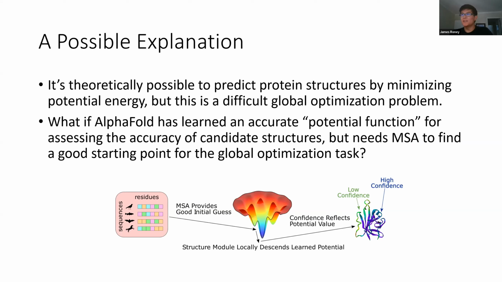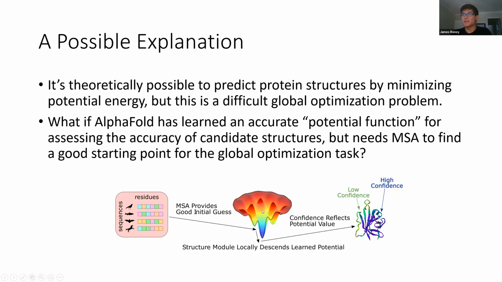So one interesting hypothesis about how models like AlphaFold might work is that maybe they have learned an accurate potential function that can assess candidate protein structures for their accuracy, but they still need an MSA to find a good starting point for this global optimization task. Even if you knew a potential function akin to that potential energy, where the minimum corresponds to the native protein structure, it might still be really difficult to search over all of those structures.